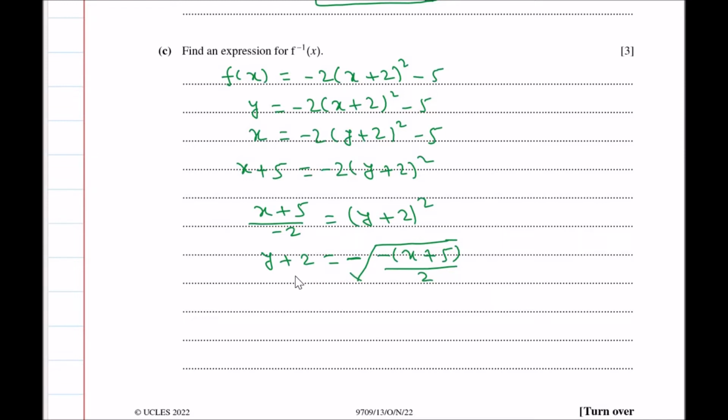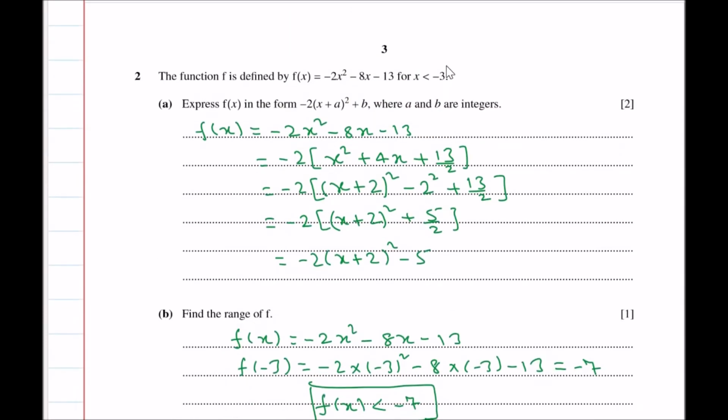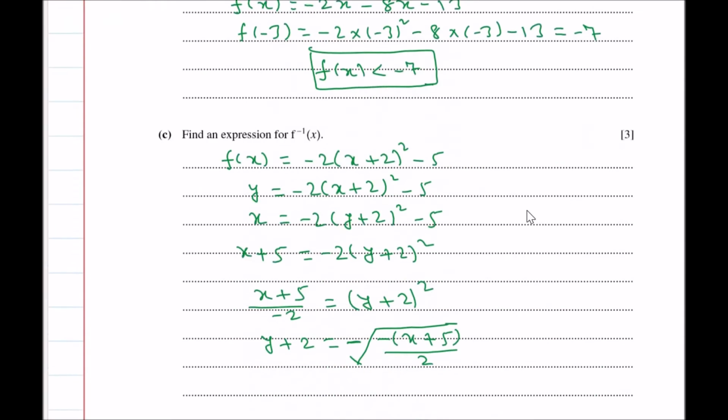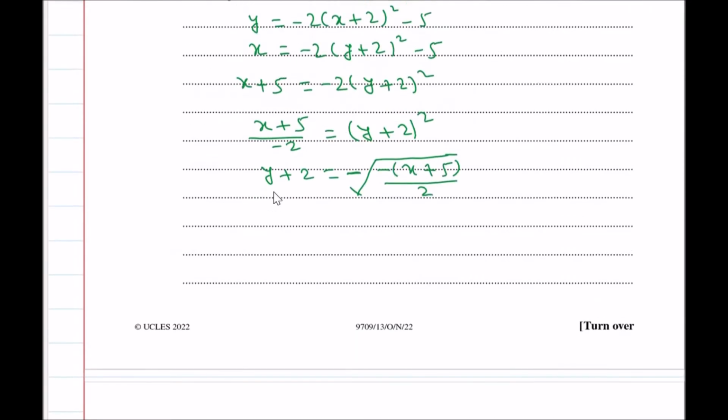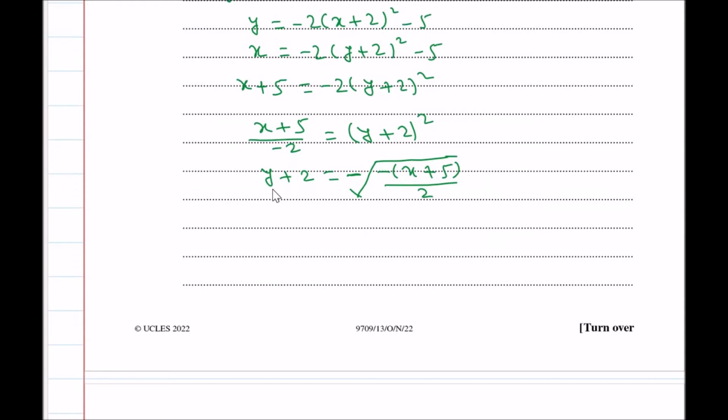Okay. Once again, I'll explain. Why negative? You take the value from here. X is less than minus 3. That means here y should be less than minus 3. If you are taking any value less than minus 3, so y plus 2 value will be negative. So we take the negative square root. Okay. So now let's make y subject. So plus 2 shifted to the right side.